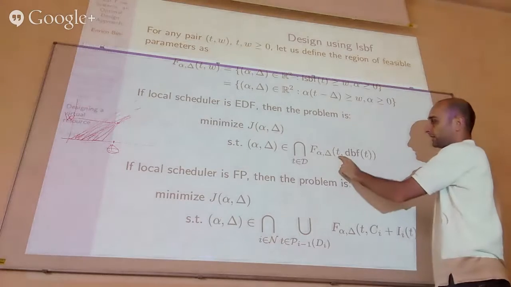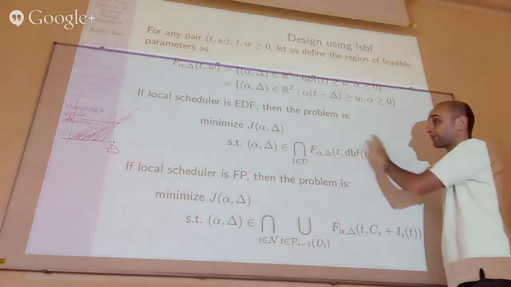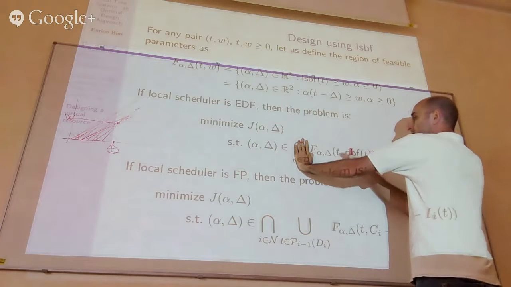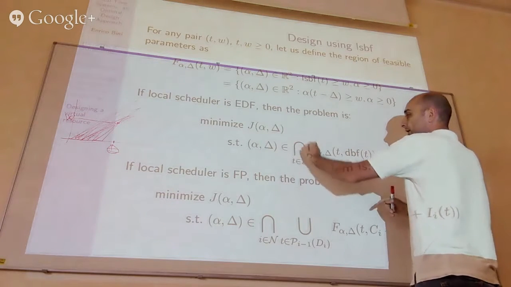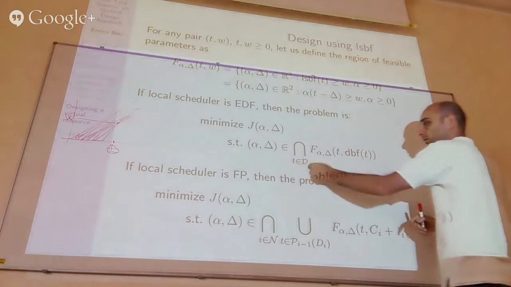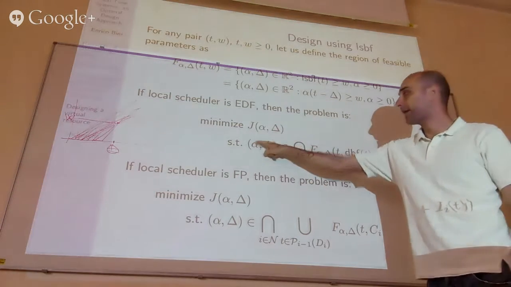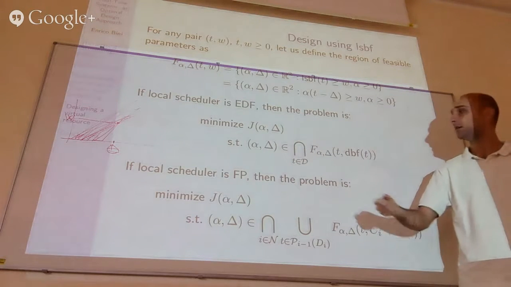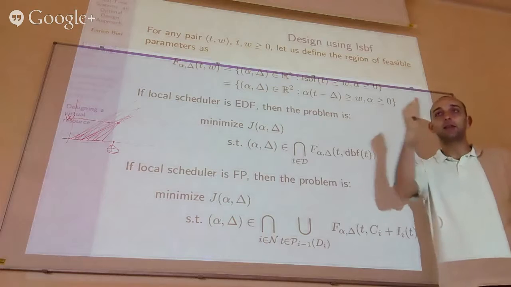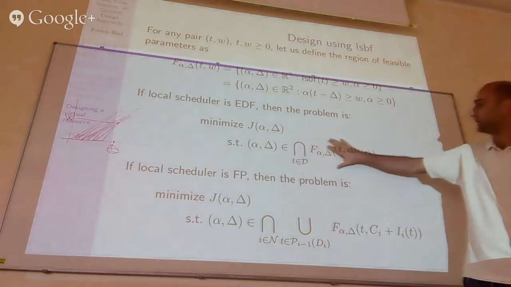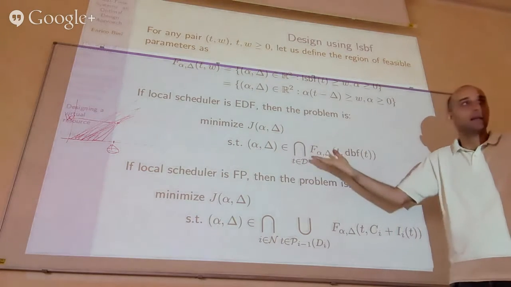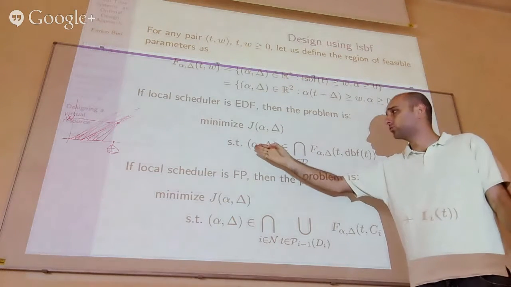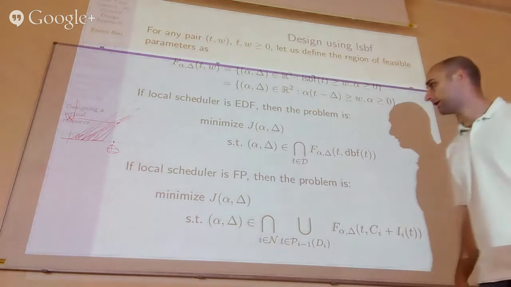Each of these guarantees one point of the DBF. Making the intersection for all t in the deadlines, every pair alpha and delta in this intersection automatically guarantees schedulability at all the deadlines. So this condition is equivalent to EDF schedulability, equivalent to choosing an alpha and delta which guarantees EDF schedulability.